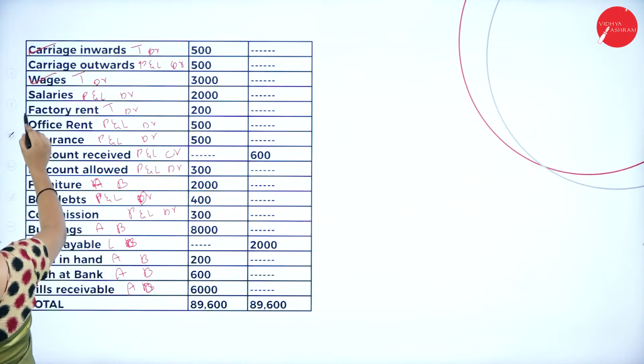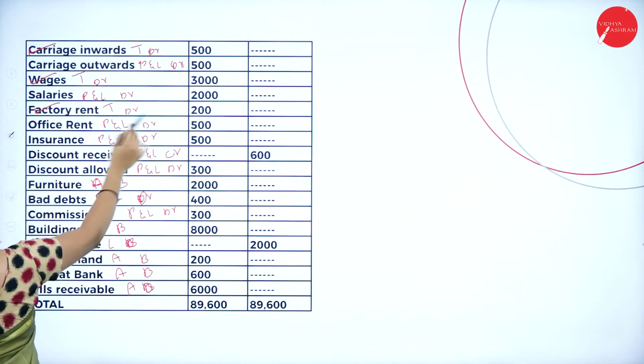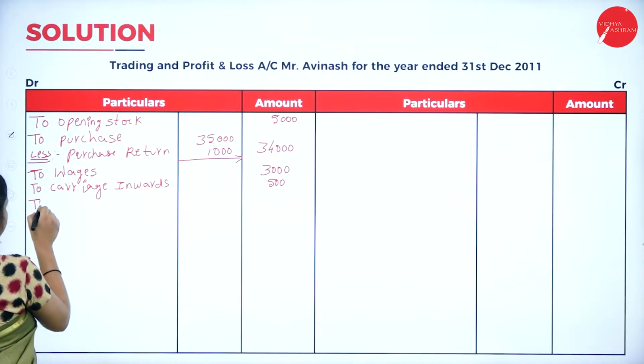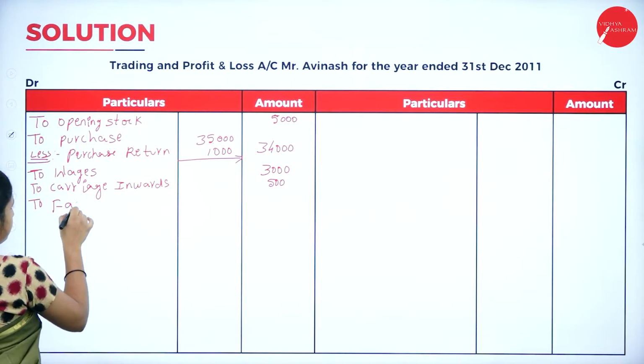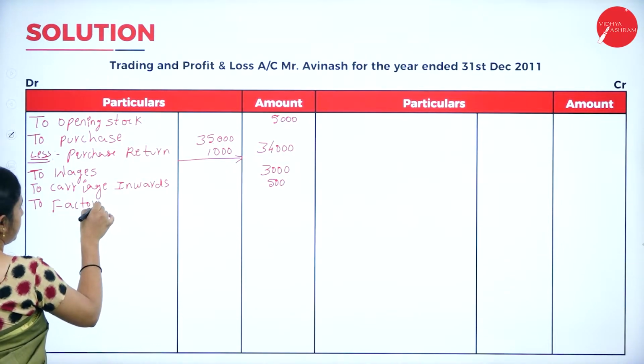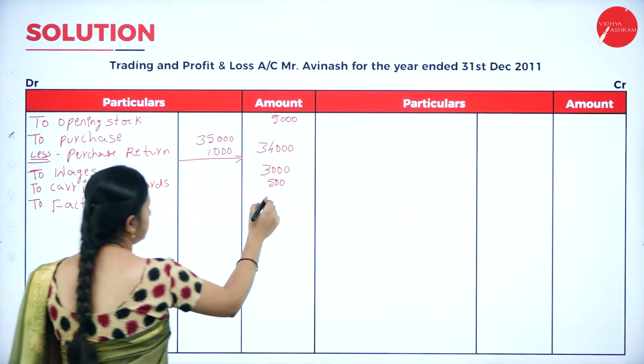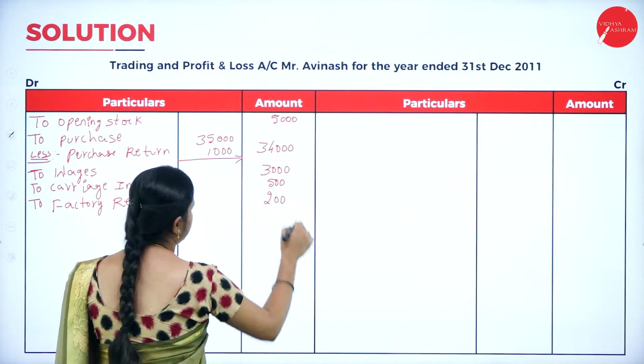Next, factory rent. Factory rent 200. Right? To factory rent 200.